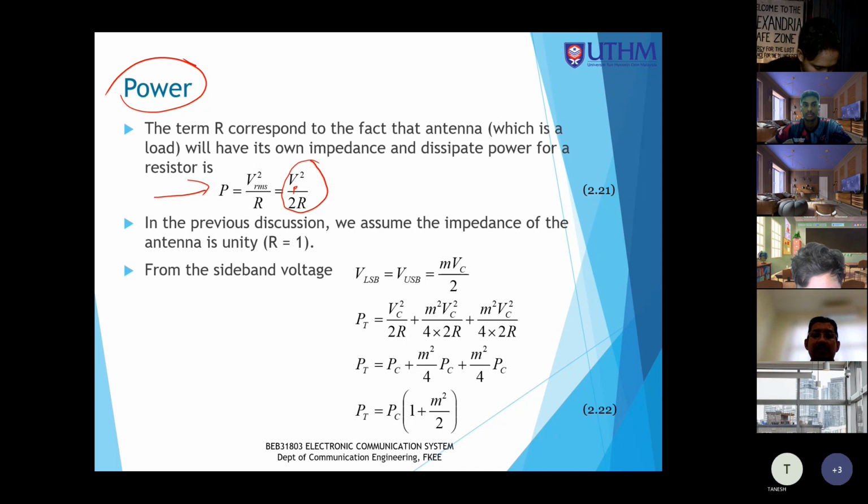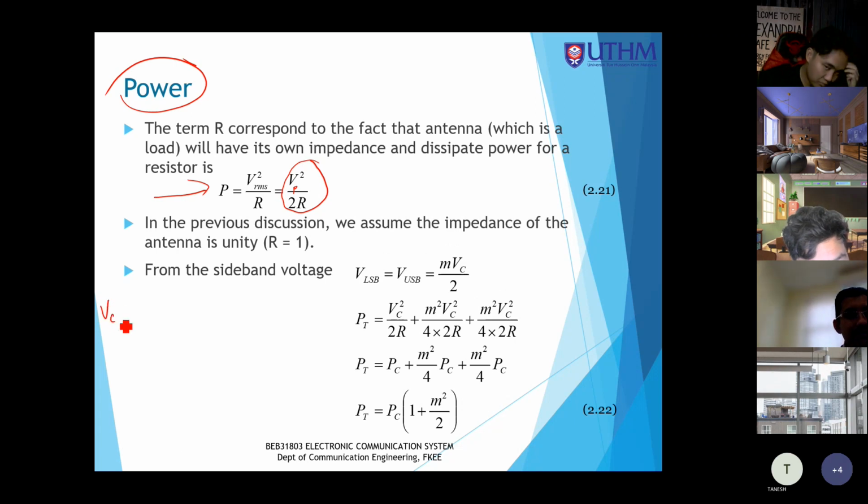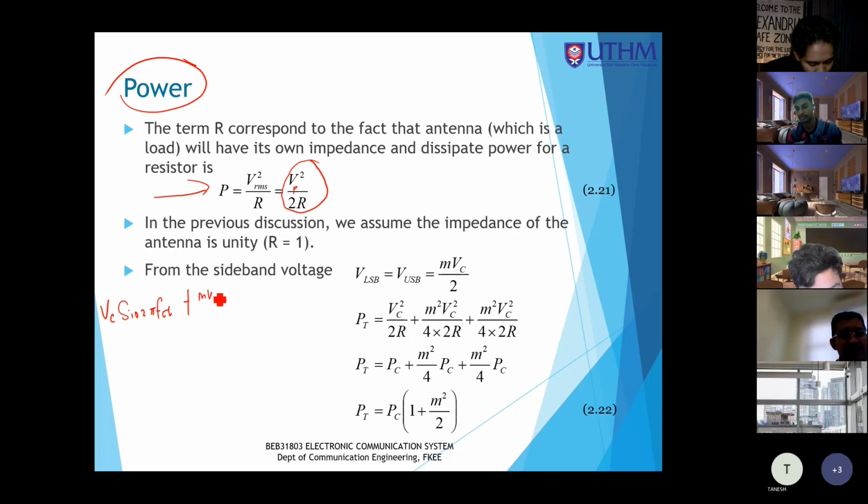Okay. So when we want to calculate the total power, first of all, we need to know the equations. Apakah equations yang terlibat? Tadi kalau kamu lihat, dia adalah Vc sin 2 pi fc t plus mVc over 2 cos 2 pi (fc minus fm) t.